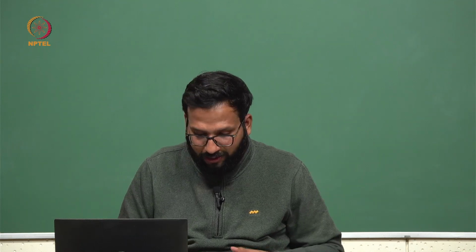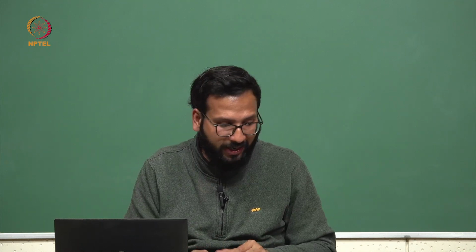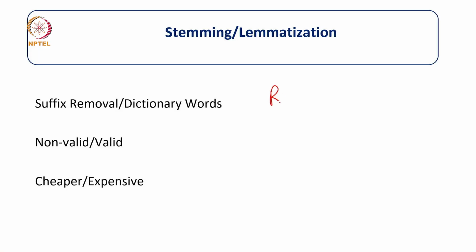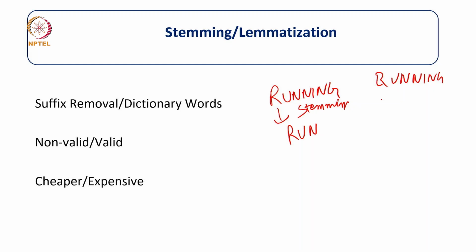Let us understand this with an example. If you are doing stemming for running, the output will be run. And if you are doing lemmatization on running, it will be run.